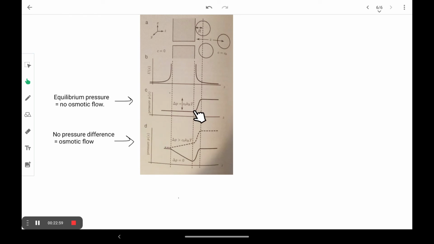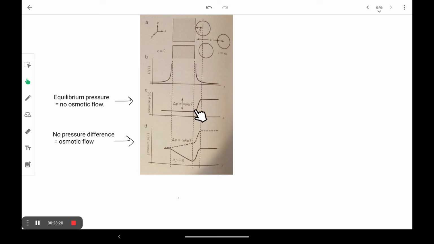But it also says it's the pressure we'd need to apply over here versus the other side, so nothing flows. You notice through the membrane right here, this is a picture of the membrane from the text, through the membrane the pressure difference is 0 from here to here. That means there's going to be no tendency for water to flow through it.